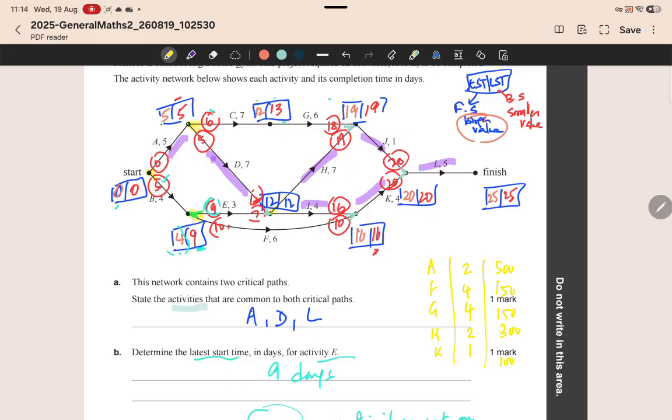A, F, G, H and K are the activities that can be reduced, and the maximum number of days that each of these activities can be reduced is given as 2, 4, 4, 2, 1, and the cost involved in reducing these activities is also given.